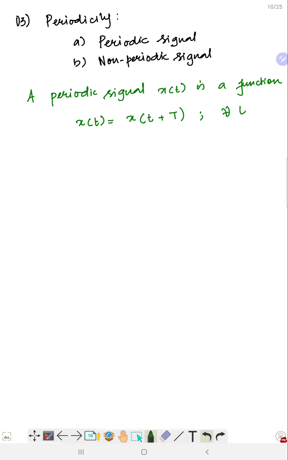Again, this is true for all time values t. And the capital T here is a positive constant.